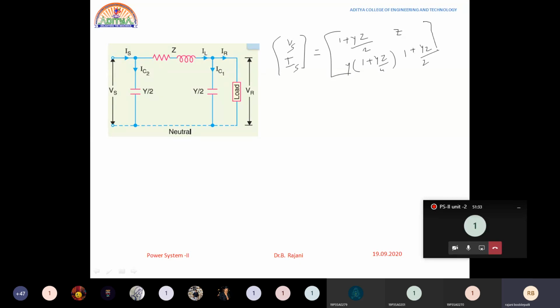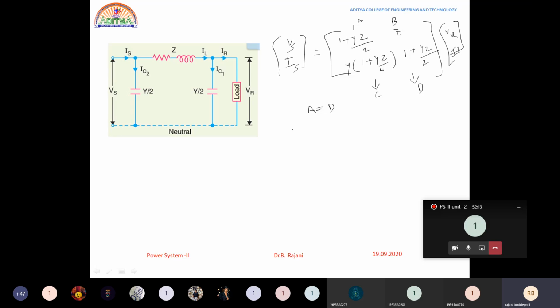Now you have got this equal to VR and IR in matrix form. This part is nothing but A, this is B, this is C and this is D. You can observe that A is equal to D, so our derivation part is correct.